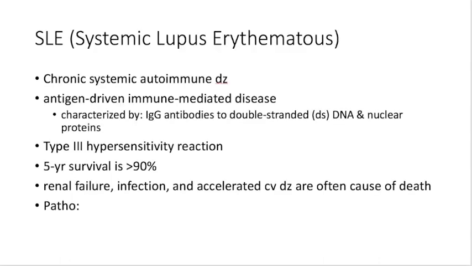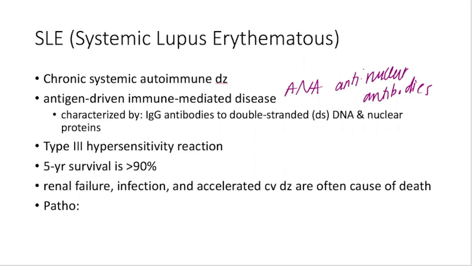One of the biggest ones is lupus. So this is an antigen-driven immune-mediated disease of IgG antibodies against double-stranded DNA and nuclear proteins. We get anti-nuclear antibodies. This is classified as a type 3 hypersensitivity reaction, as we get deposition of those immune complexes and binding of various antibodies to various cells and tissues.